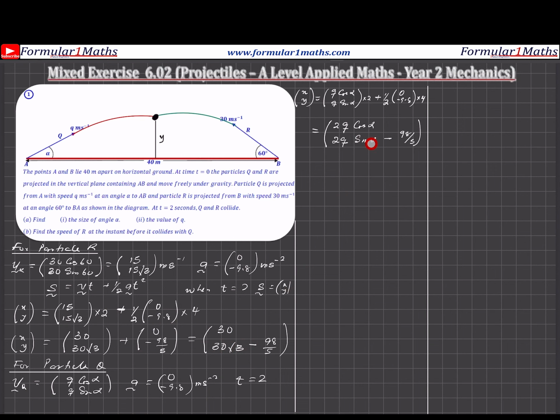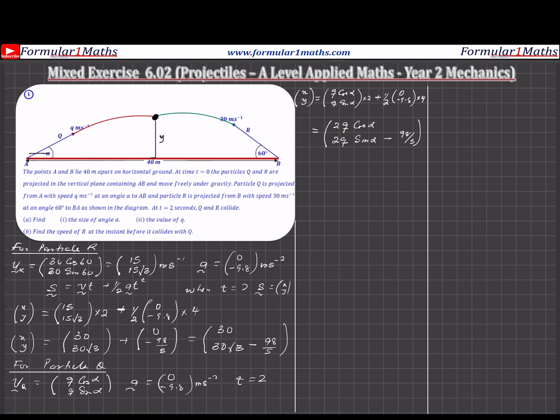So at this point, we also know the respective distances of Q from A and of R from B. And these are given by the horizontal components of the vectors. So that for R will be 30, and that for Q will be 2q cos alpha. So we can put that on the diagram.